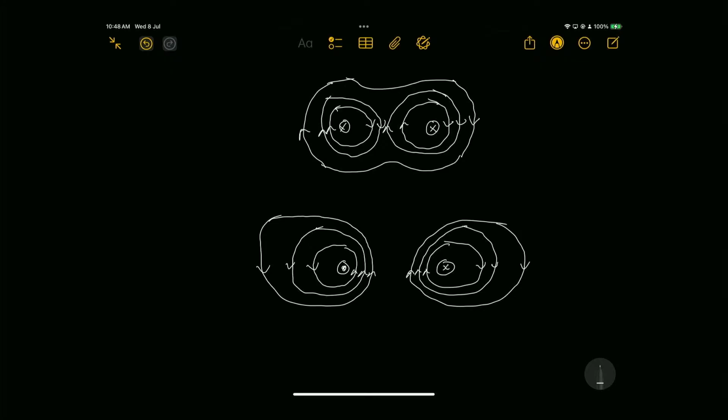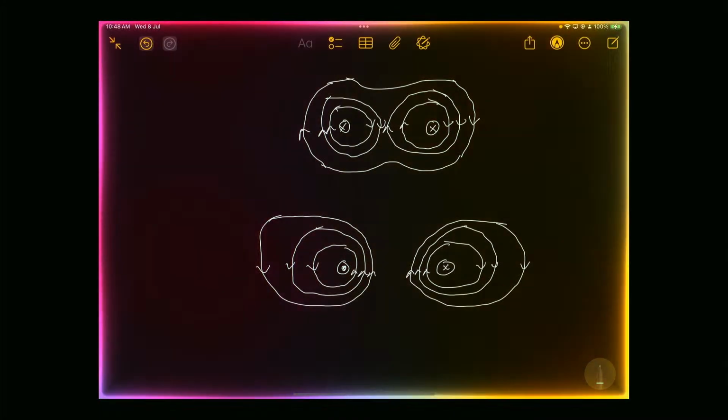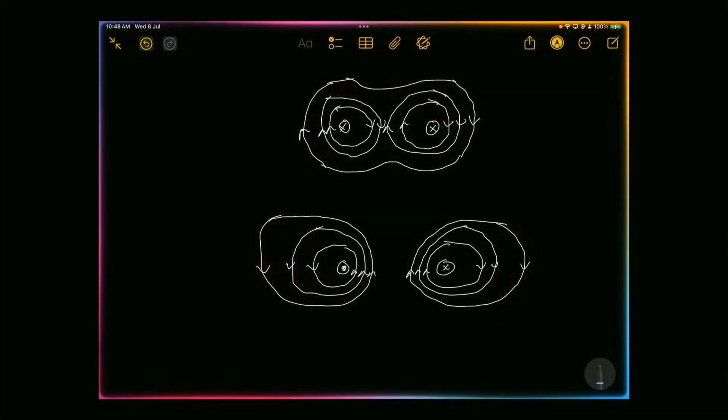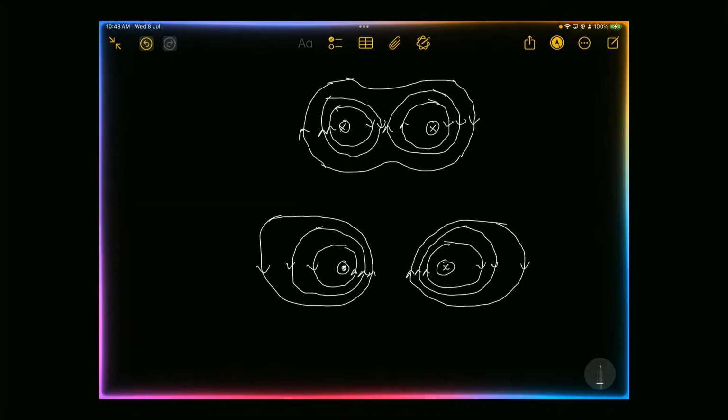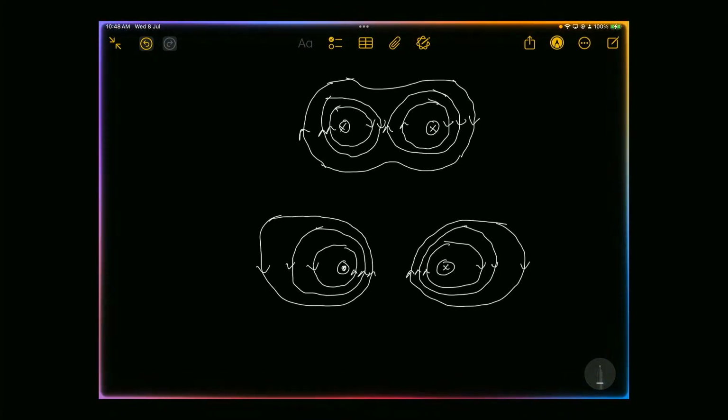So we have these as diagrams of the magnetic field lines around current carrying conductors. So how do we determine the magnitude of the magnetic field around these current carrying conductors?